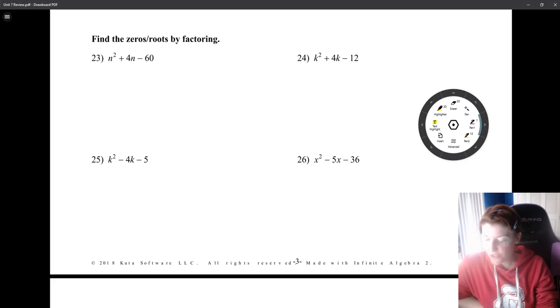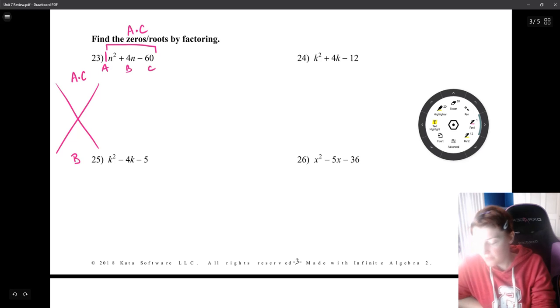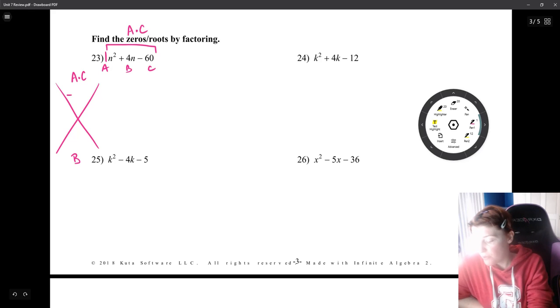So your factor chart, finding your roots by factoring, this is where we do A times C at the beginning. We make our x, A times C on the top, and B on the bottom. So my A is 1, my C is negative 60, so I put negative 60 on the top.